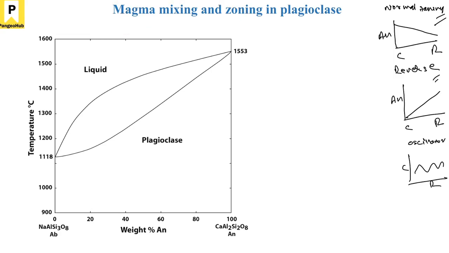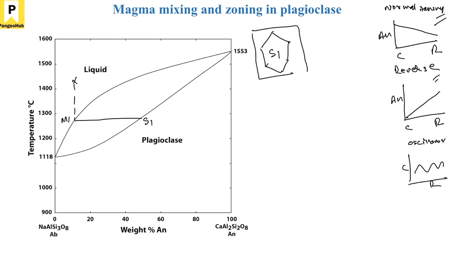So we can take two magma compositions. Let's say I take a magma composition here, M1, which is producing a solid S1. Now I can have another magma here which is at a higher temperature.